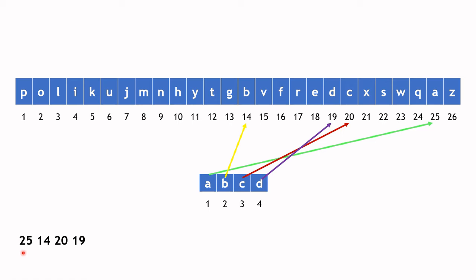So these are the indexes of A, B, C, D. A is in 25, B is in 14, and so we have it here. What we'll do is sort this in a list, and after sorting, we'll check this index alphabet here. So it's B. So you'll have to print BDCA, the same output.